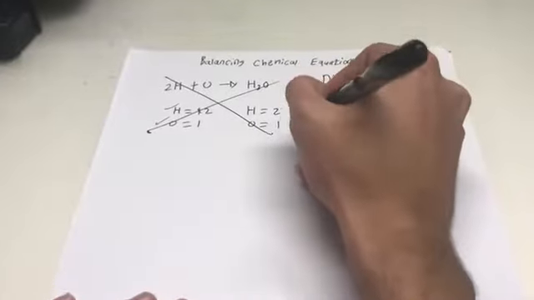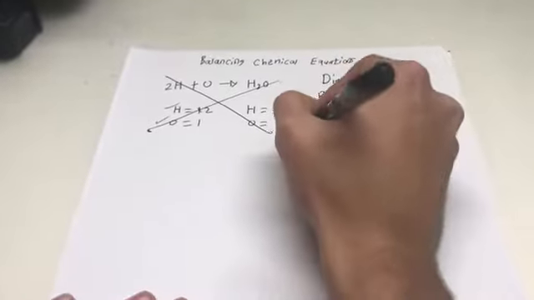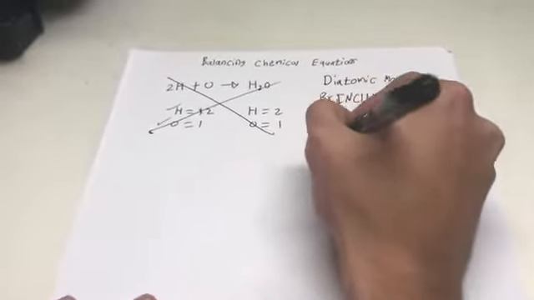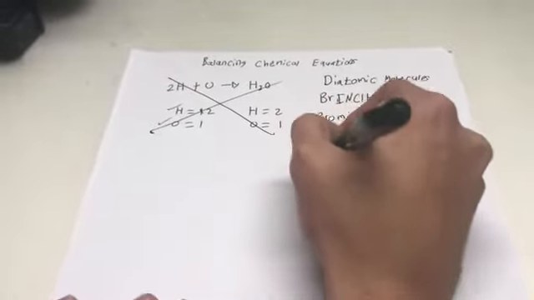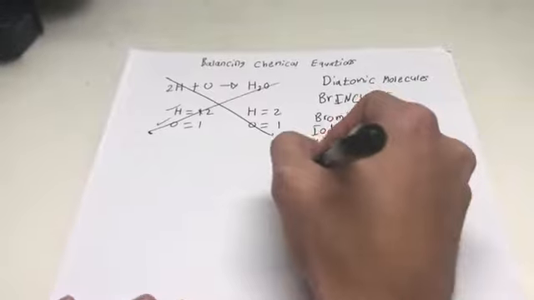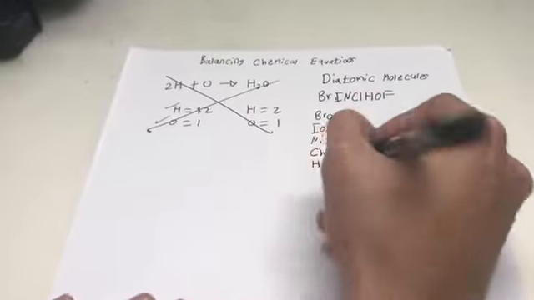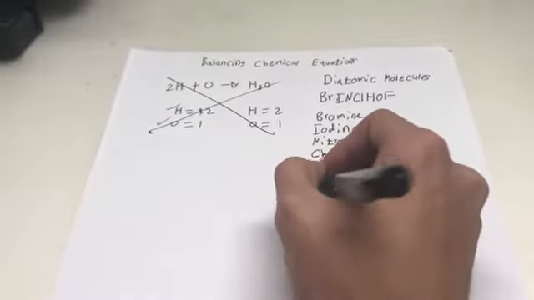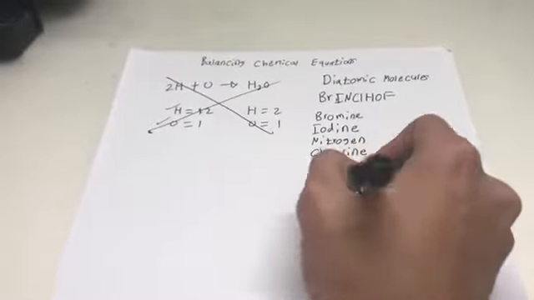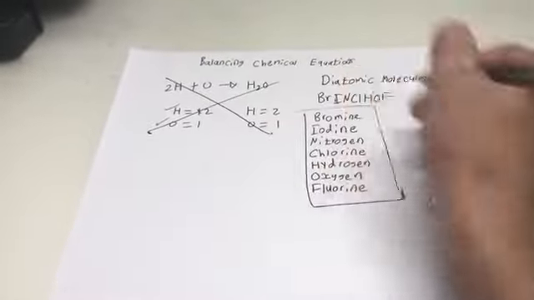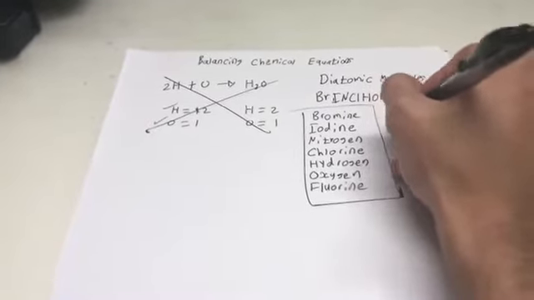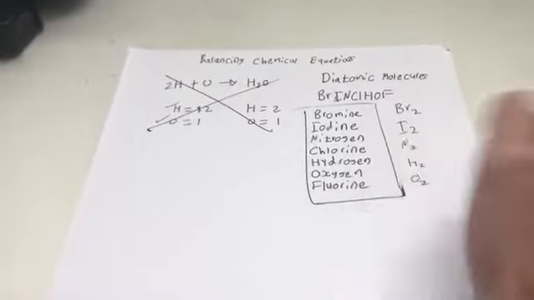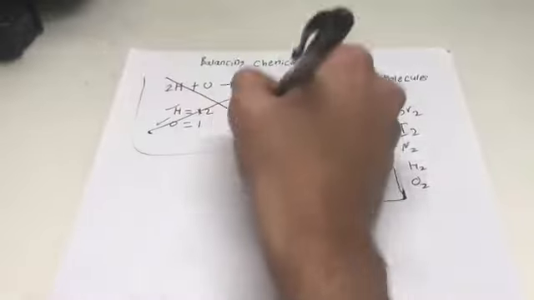This stands for bromine, iodine, nitrogen, chlorine, hydrogen, oxygen, and fluorine. What this means is that bromine, for example, will always be Br2, or I2, or N2, or H2, or O2. And so let's revisit this equation right here.